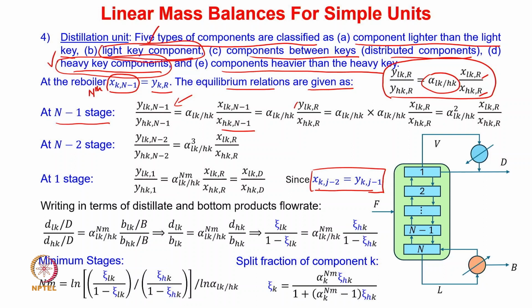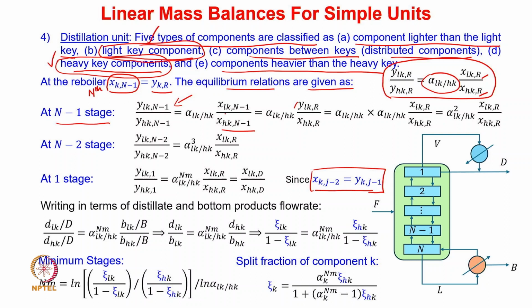Here you can see the mole fraction of the liquid coming in the J minus 1 stage should be same as the mole fraction of the vapor going out from the J minus 1 stage, isn't it? So with the same concept here, we can represent xlk n minus 1 as ylkr.